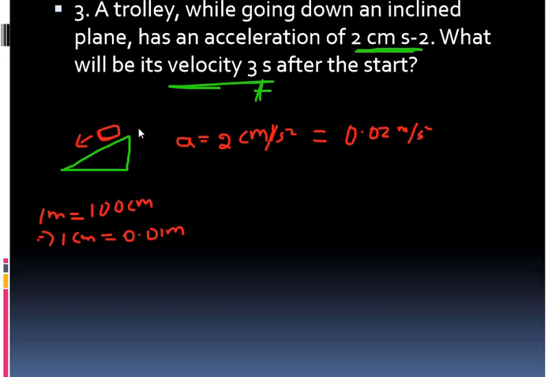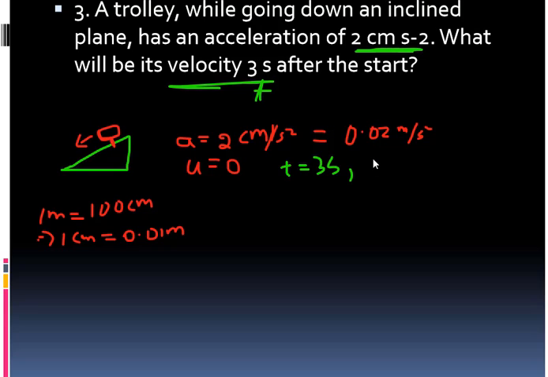So when it will start, when just it is about to move, the initial velocity of the body is 0. This is the initial point. At this point it is not moving, it is just about to move. At this point the initial velocity is 0. Now after 3 seconds, that means time is equal to 3 seconds.